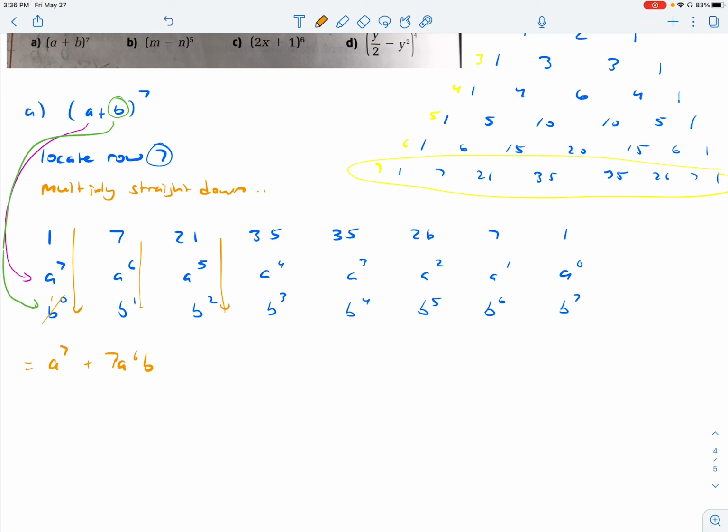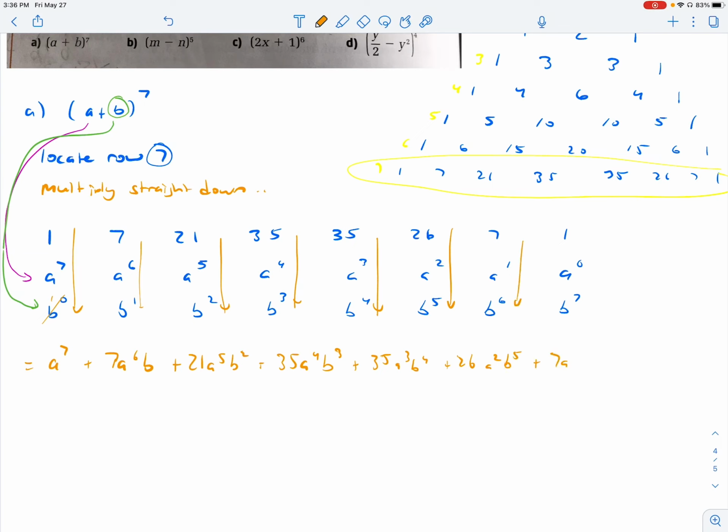Okay, just keep repeating. 21 times a to the 5 times b squared. And then the next one, 35 a to the 4 b cubed. And then the next one, 35 a cubed b to the 4. And the next one is 21 a squared b to the 5.